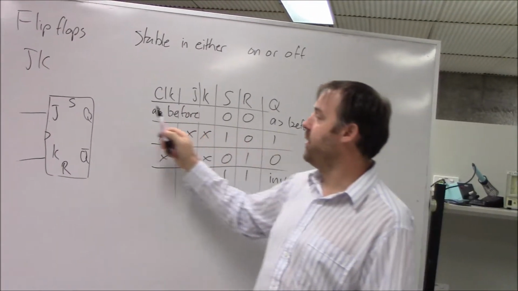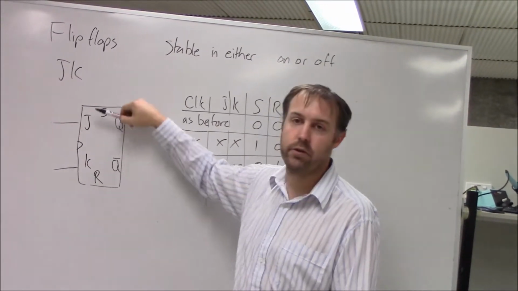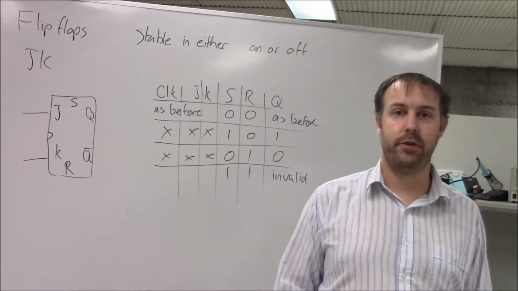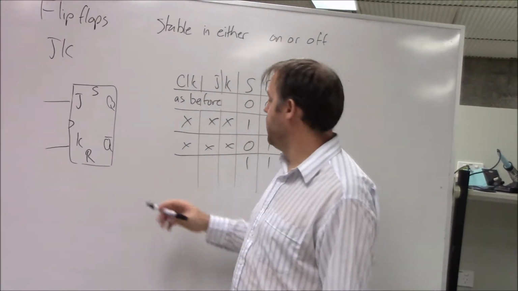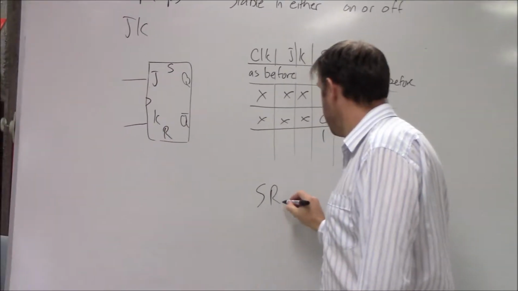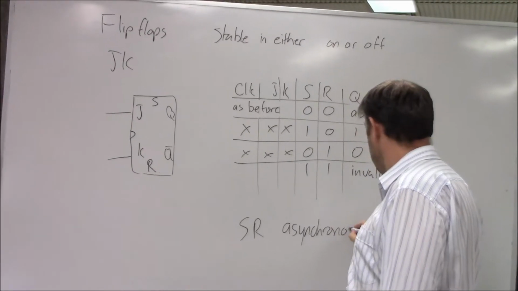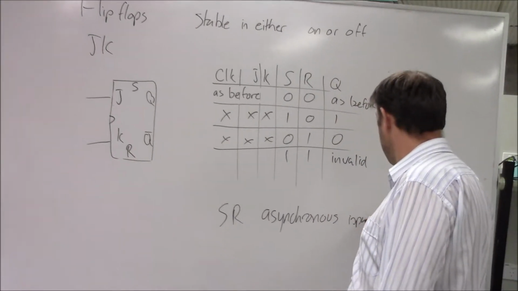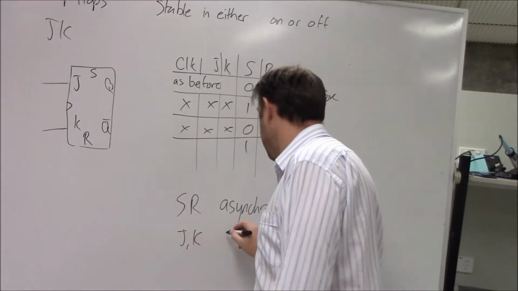Otherwise, I then wait until I see a clock pulse. When I see the clock pulse, then do what the truth table told me for the JK. Okay, so the S and the R are asynchronous inputs. The J and the K are synchronous.